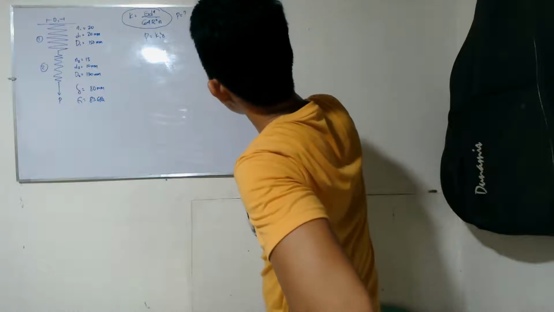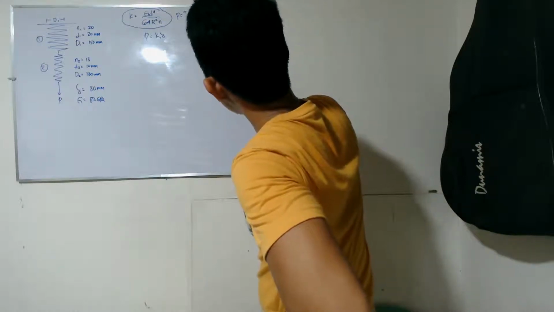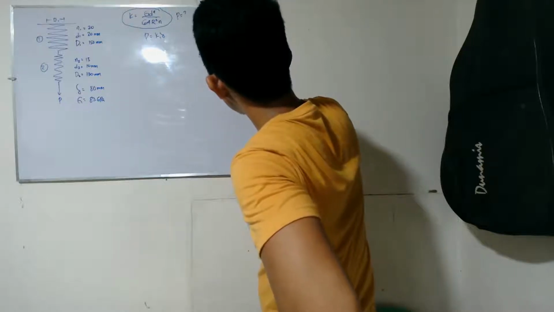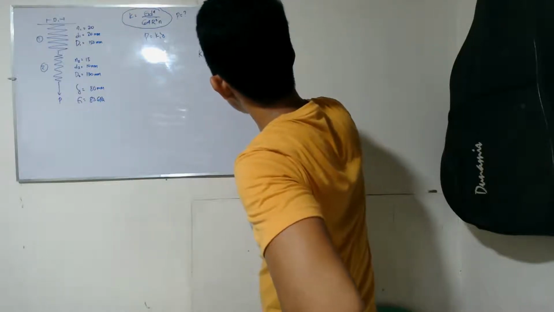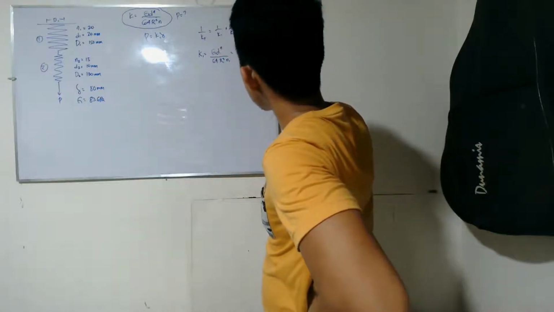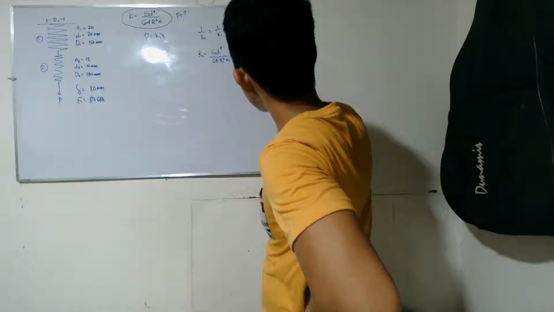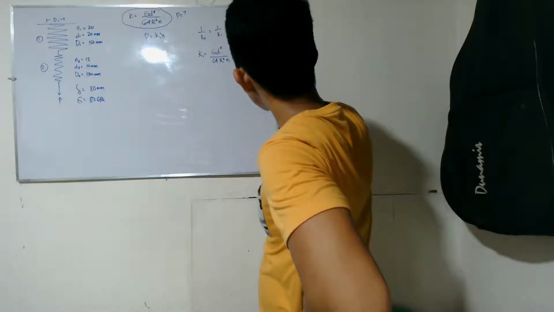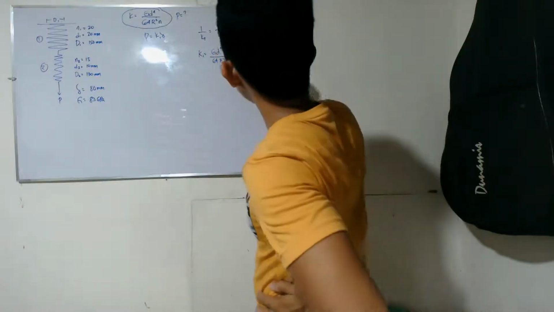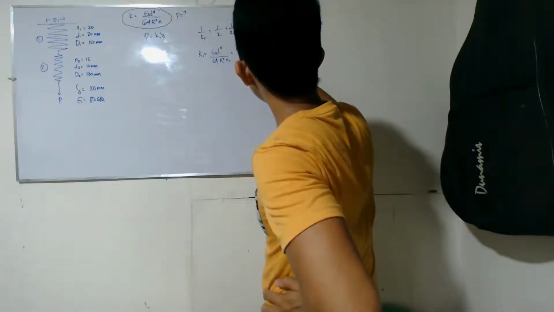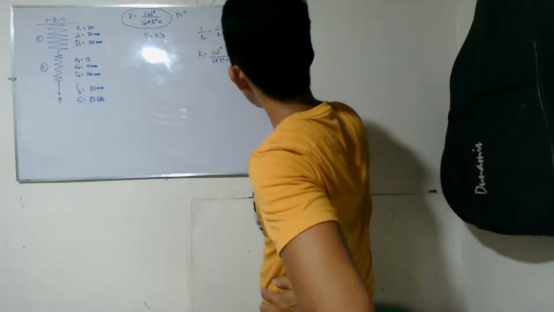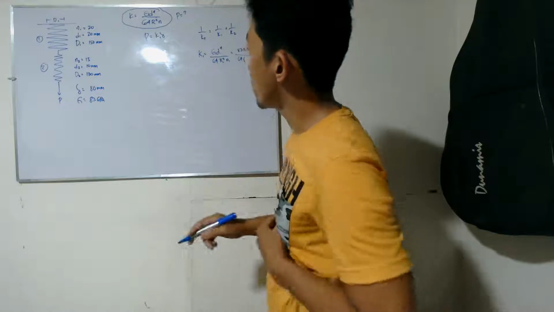K1 is G d to the fourth over 64 R1 cubed N1. So that is 83 times 10 to the 9 newton per square meter times d1, which is 20 mm, so 0.02 to the fourth, over 64 R1.